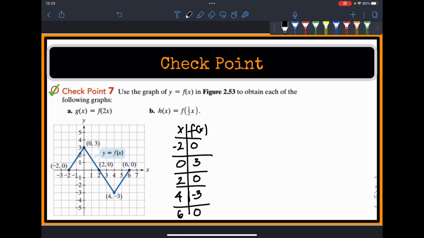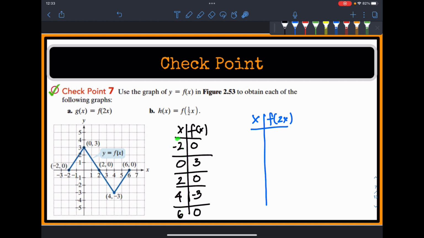Now, what is g going to do? g of x, which equals f of 2x, means that in order to get the same output values, we have to divide all of these input values by 2.